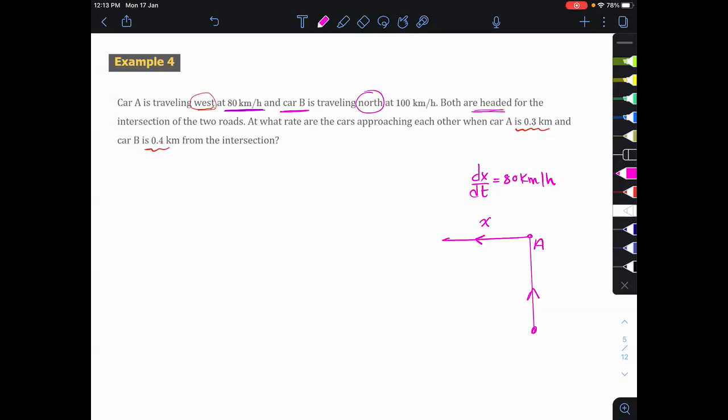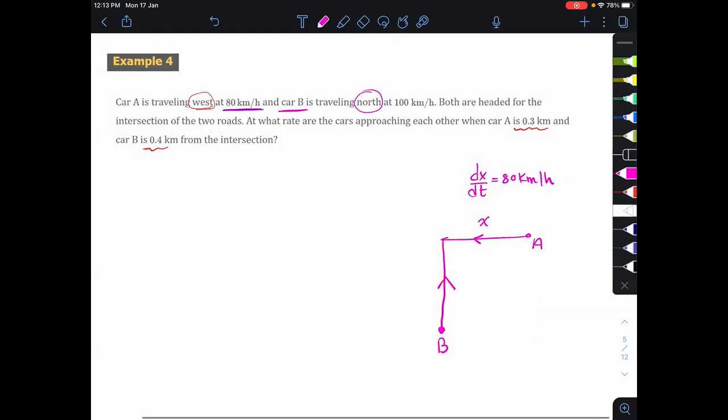Both are headed forward to the intersection of the 2 roads. There must be an intersection between car A and car B, so I go back to modify my drawing. You know why? Because the intersection must be here. Here is car B, north. You should read the whole question first.